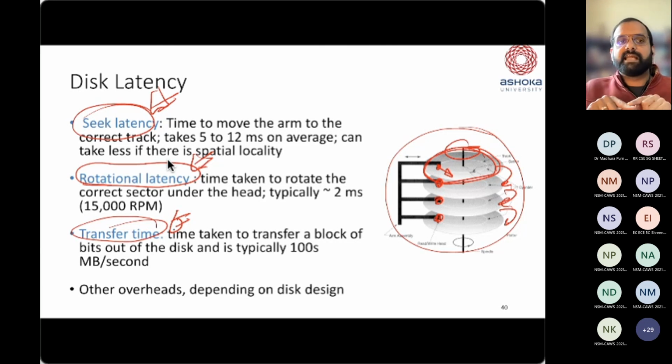So it's a very delicately balanced system, and the more noise you introduce into it by multiple arms moving on the same platter, the higher your chances are that one of them is going to crash into the platter, right?